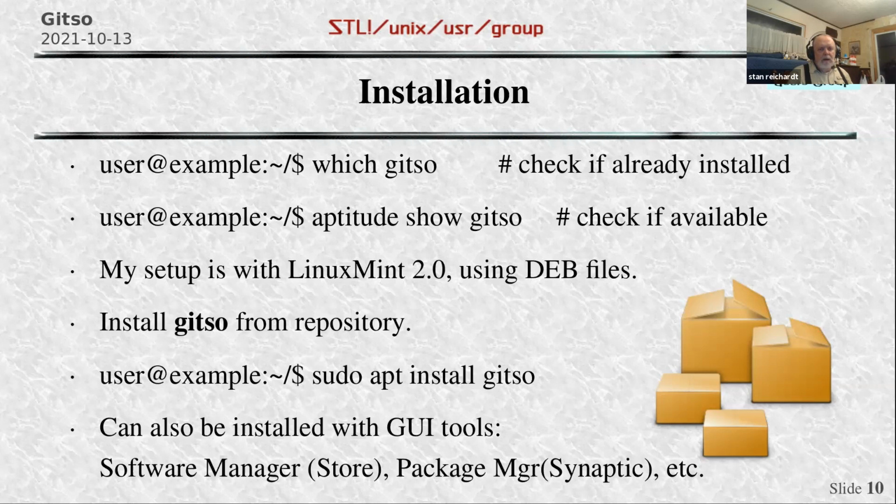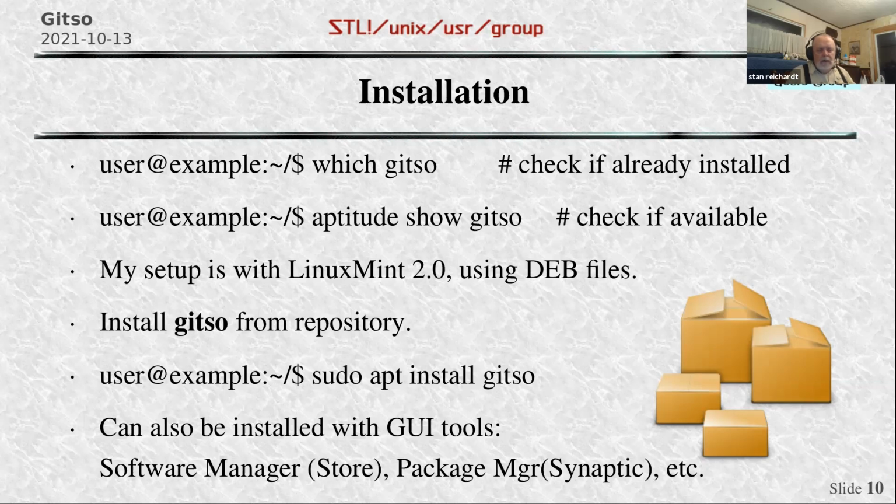Okay, so as I said, my setup uses deb files, and I always just try to install stuff from the repository if at all possible. It does have two prerequisites, X11 VNC and Xtightvnc viewer, and those are pulled in by the manifest of that Debian package. There are other ways it can be installed.